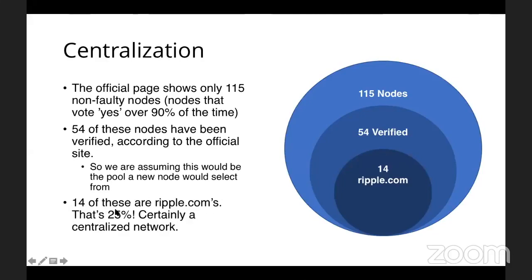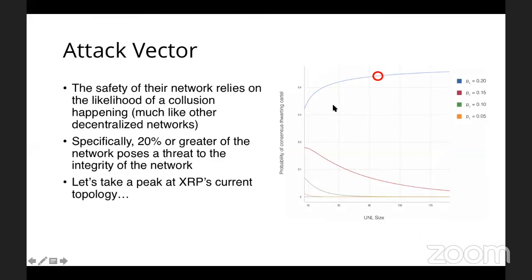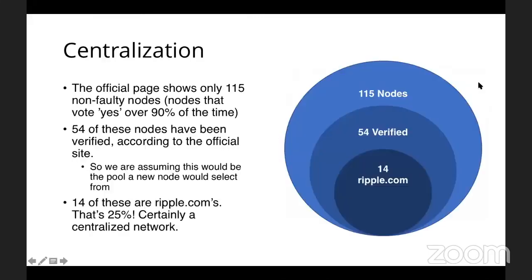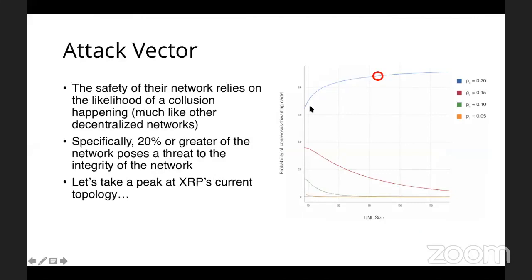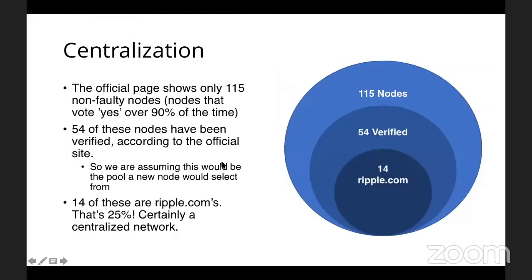That's 25%. So if we look at this network, we're right here almost. And I mean, this is only a 25% occlusion. According to their network statistics, we're looking at a 25% occlusion. So this line would be even more, growing even faster, and this dot would be higher, but just for reference, let's say it was only 20%. We're almost at a 45% risk of collusion if the network decided they wanted to.